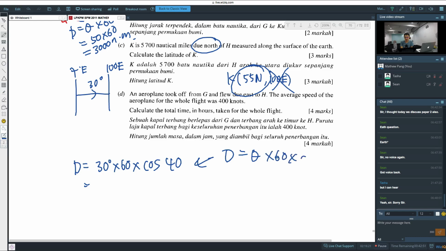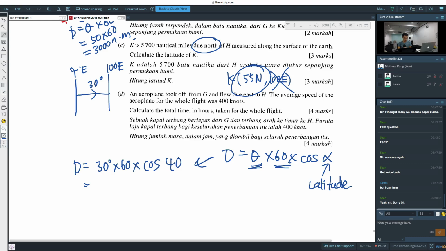Then you just use the calculator: 30 multiply 60 multiply cos 40. You get 1378.88 nautical miles. Then the question asks you to find the total time in hours.